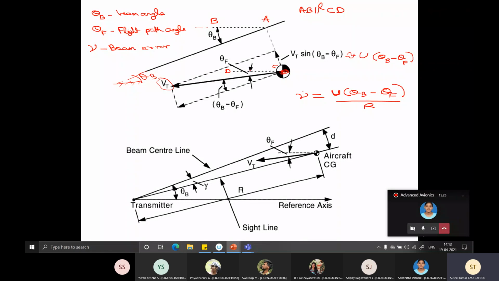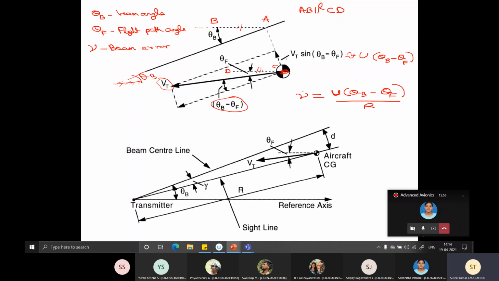Okay. And if you look at this, AB is parallel to CD. Okay. So what's going to happen is this one is going to be nothing but theta B minus theta F. Okay, the difference of this. And what we are interested in is how the velocity component is approaching the center line.